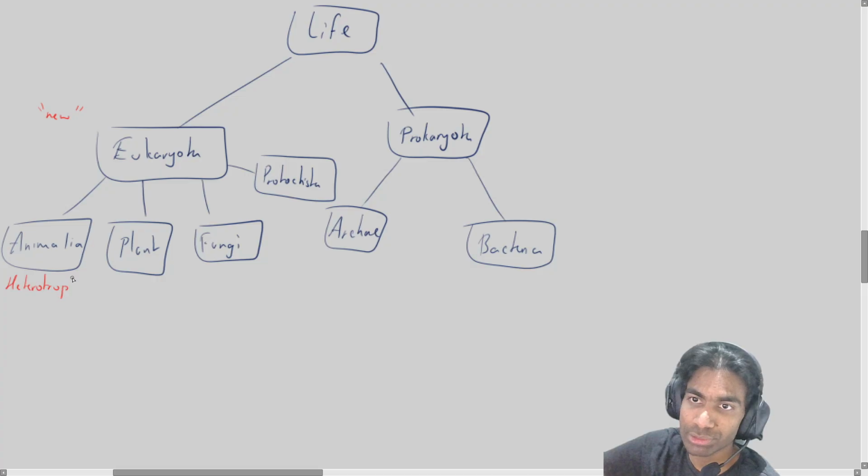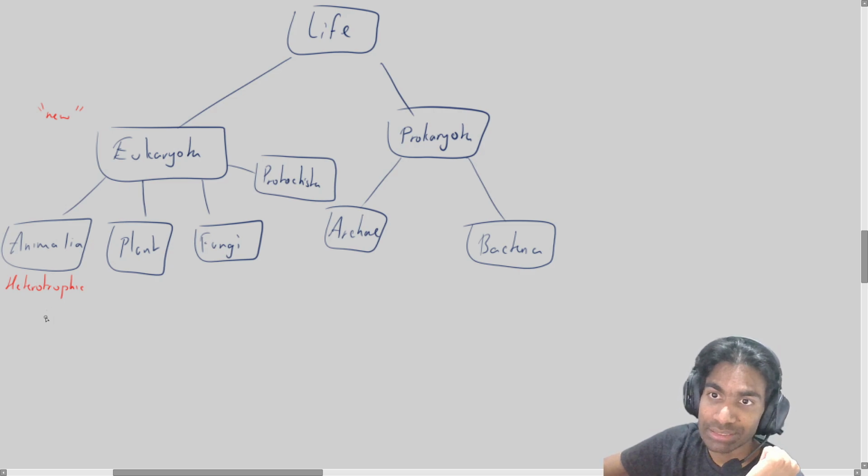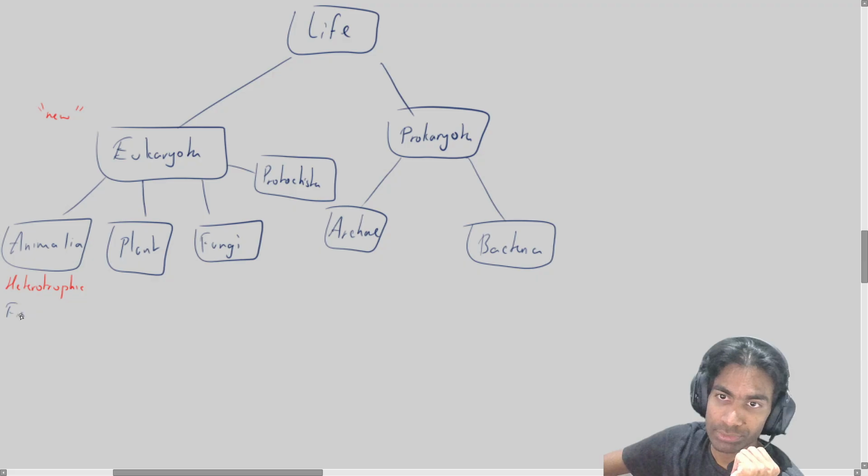Hetero means different, trophic means food, right? So they get their food from other places. They're heterotrophic. These include things like fish, insects, mammals, reptiles, and so on, right? So all of these fall under Animalia.